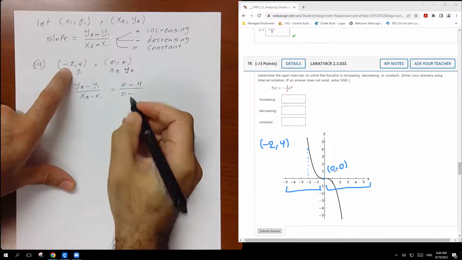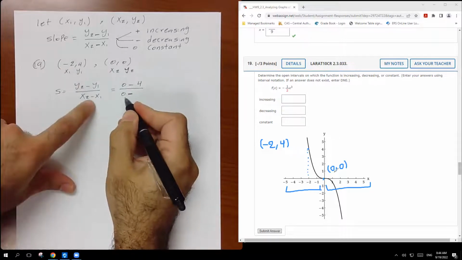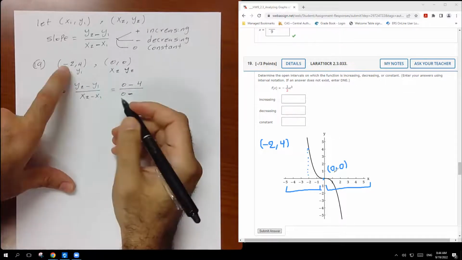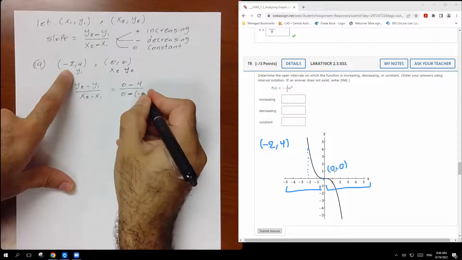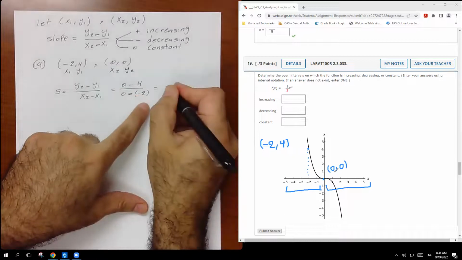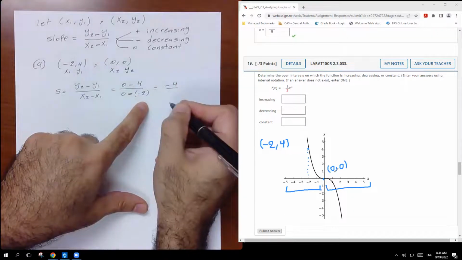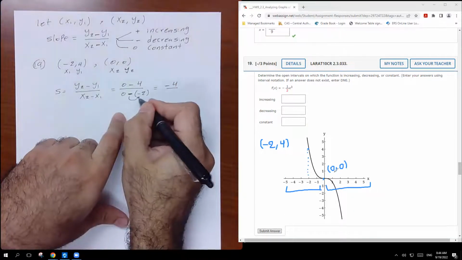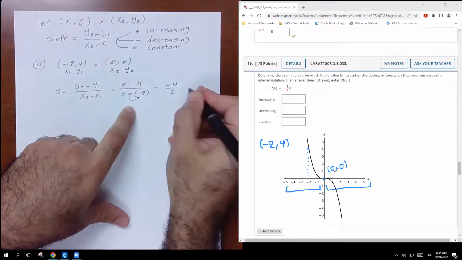Be careful. There is a minus here with the formula. Minus here is with the formula. x1 is -2. That means 0 minus 4 is going to be -4 over, negative times negative is positive, so it's going to be 2.